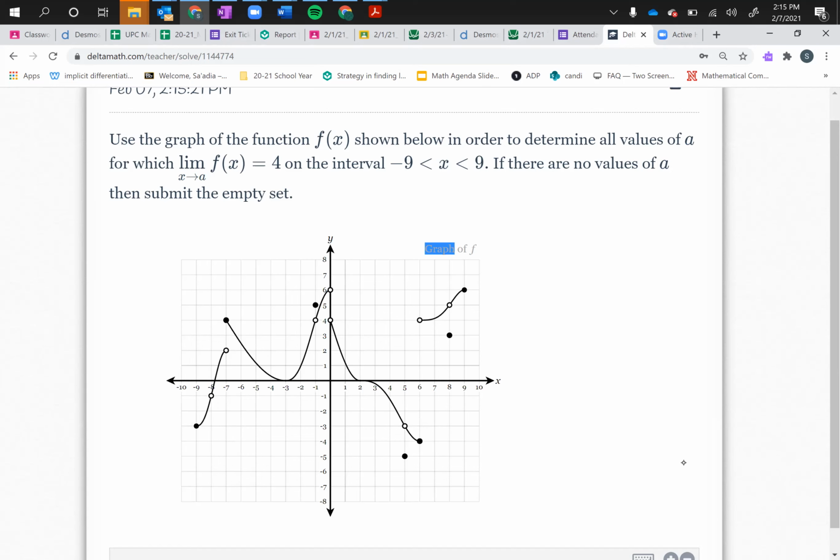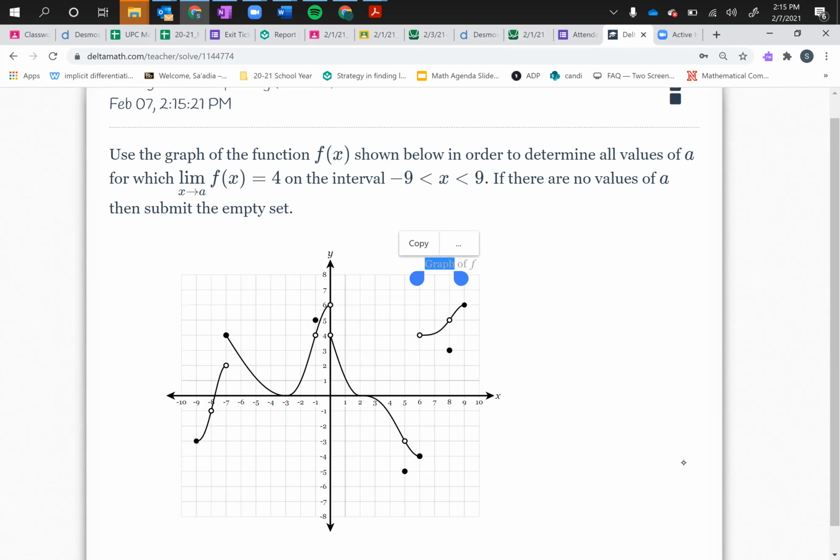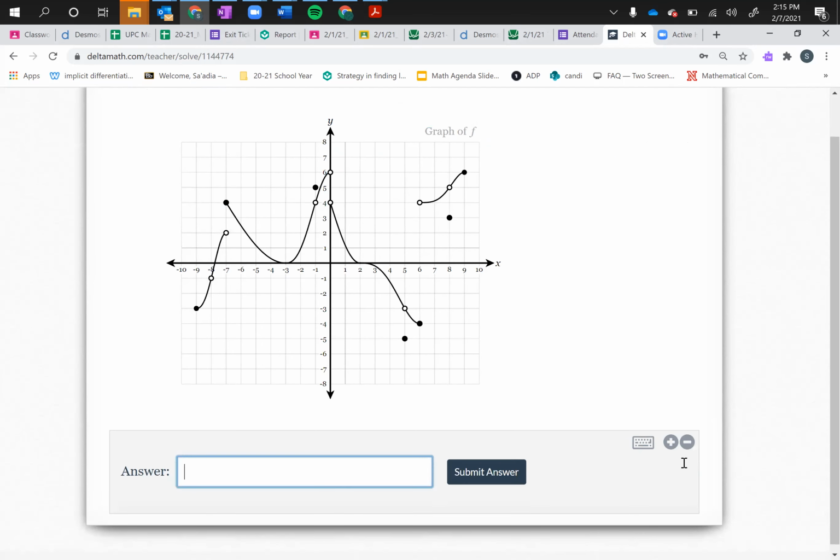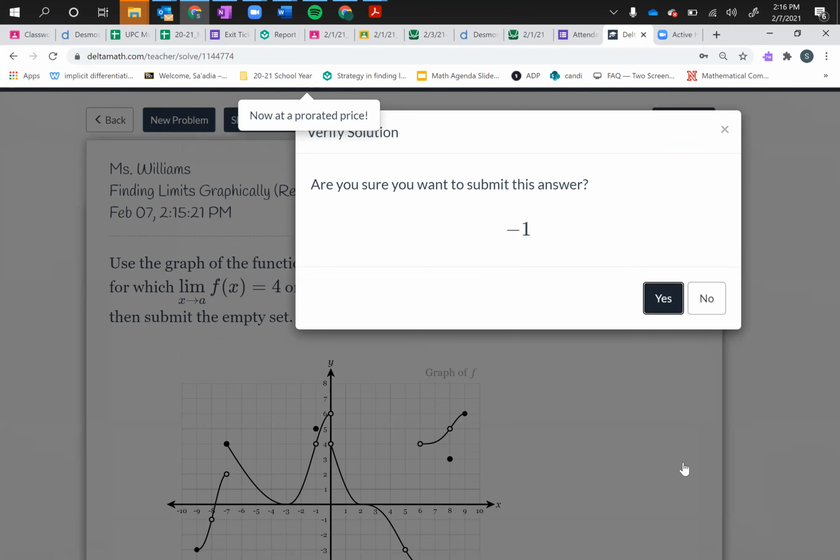It happens here at x equals -1, which has 2 lines that meet up. So -1 is one of them. Let's see if there are any more. It happens at 0. It meets up at the y value of 4, but both sides don't meet. And it also happens at 6, which has a y value of 4, but both sides don't meet up. So the only answer is -1.